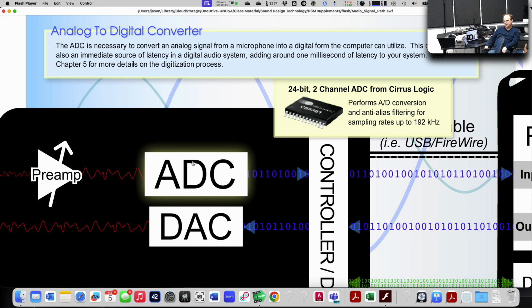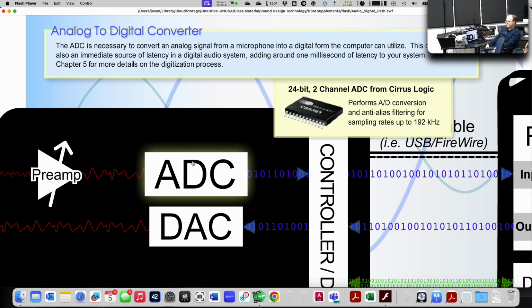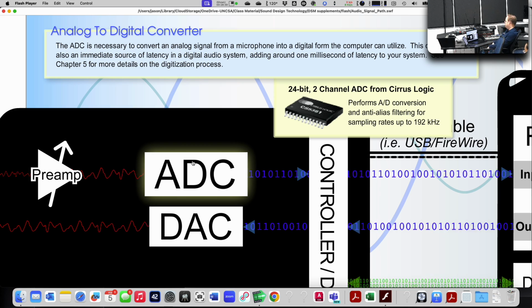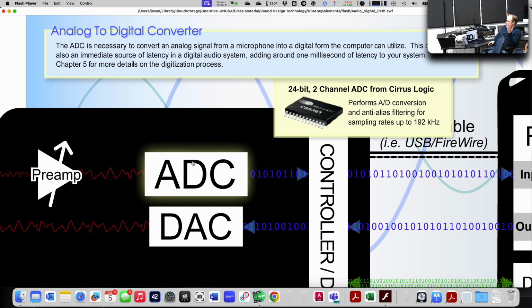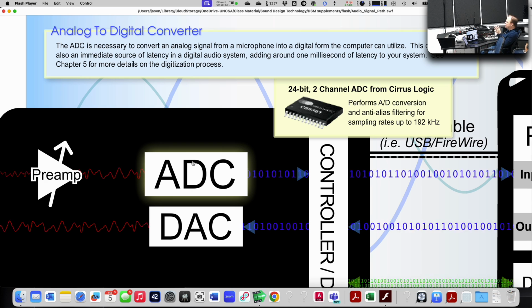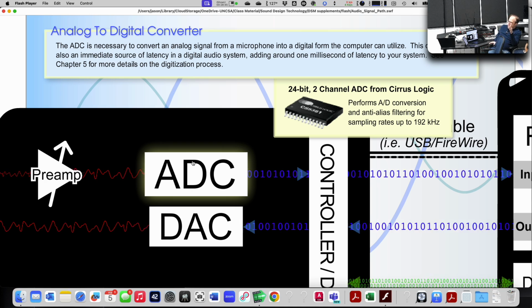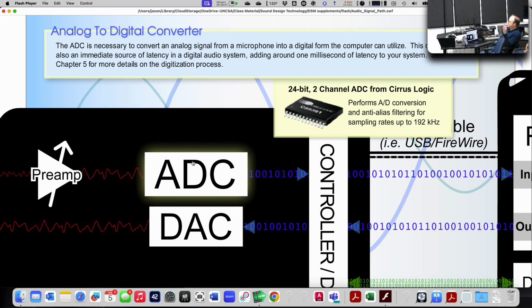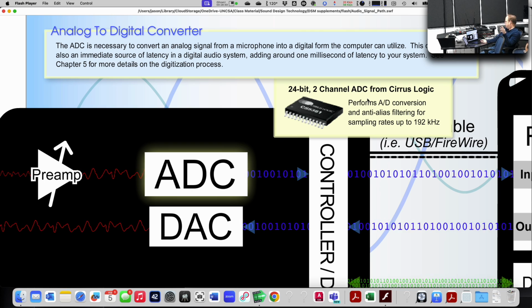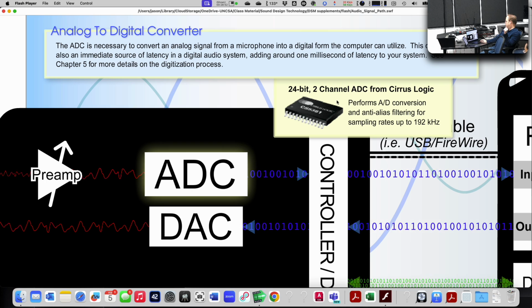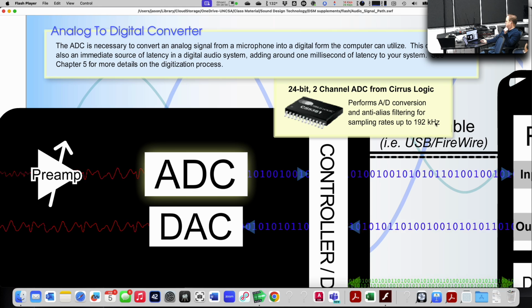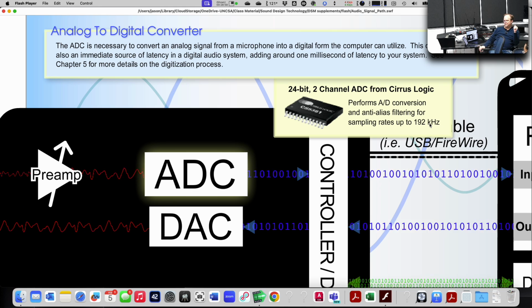This is a little miniature computer chip, an input device for a computer chip. What it does is look at the voltage level, and based on whatever your sampling rate is, we've got a picture of one of these chips here that can sample up to 192 kilohertz.